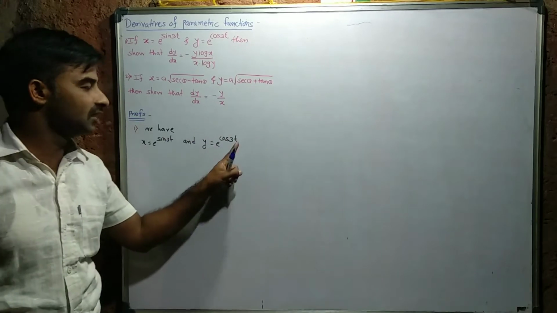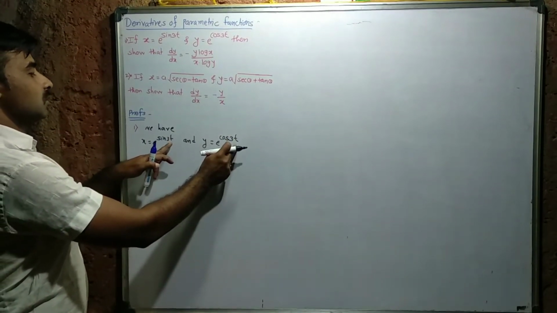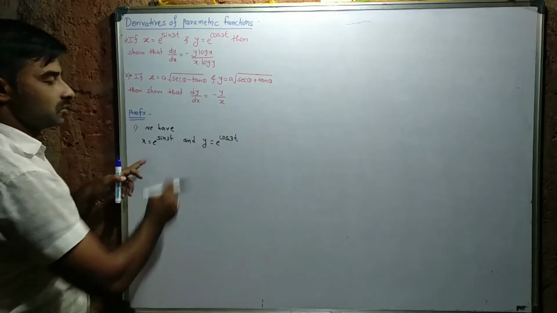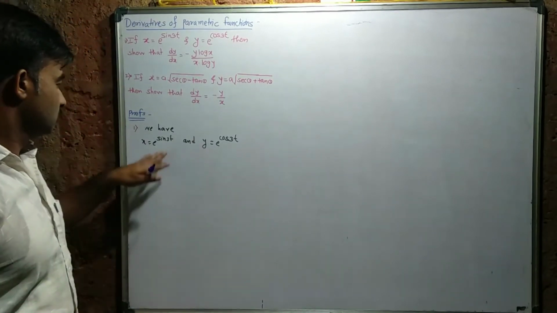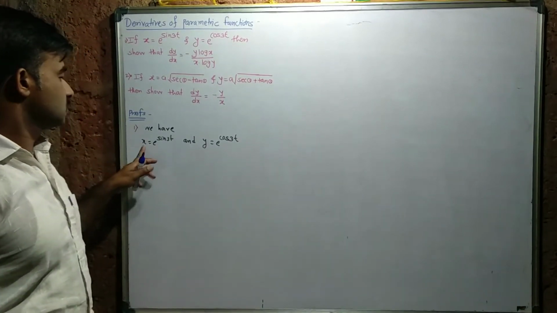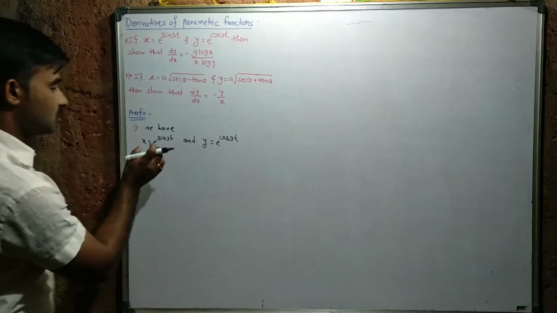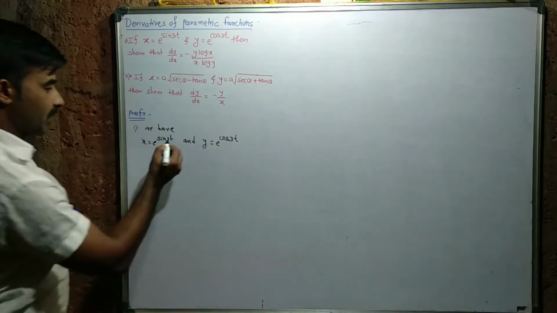That means t is an intermediate variable. So x and y are functions of t, that means t is the parameter. You will get the consideration that x and y are the parametric functions and the parameter is t.